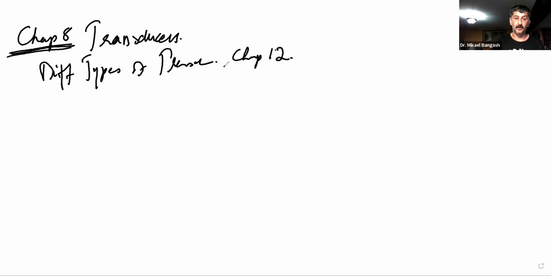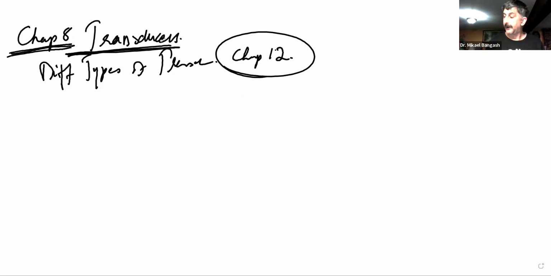That's going to be the chapter where we will talk about the different types of transducer, what the differences are, how they may operate and so on, and which transducer will be ideal for what kind of examination. So this chapter is mainly the general concept of what a transducer is. The differential account is going to come in chapter number 12.